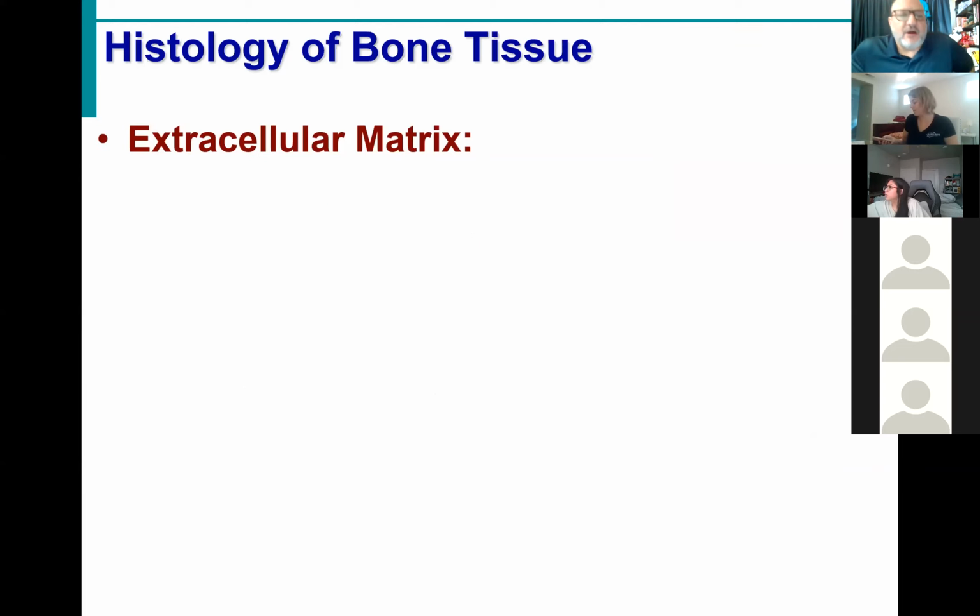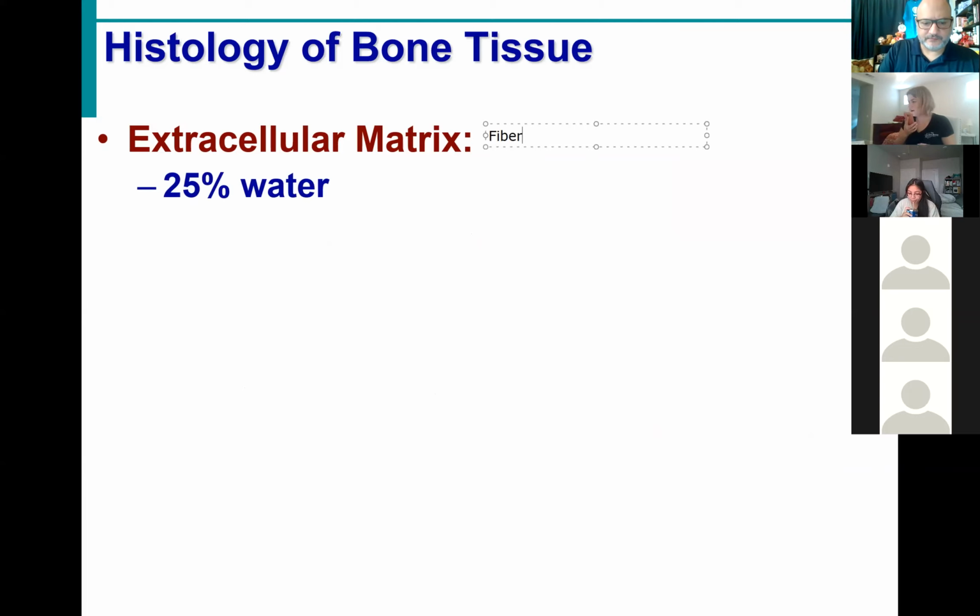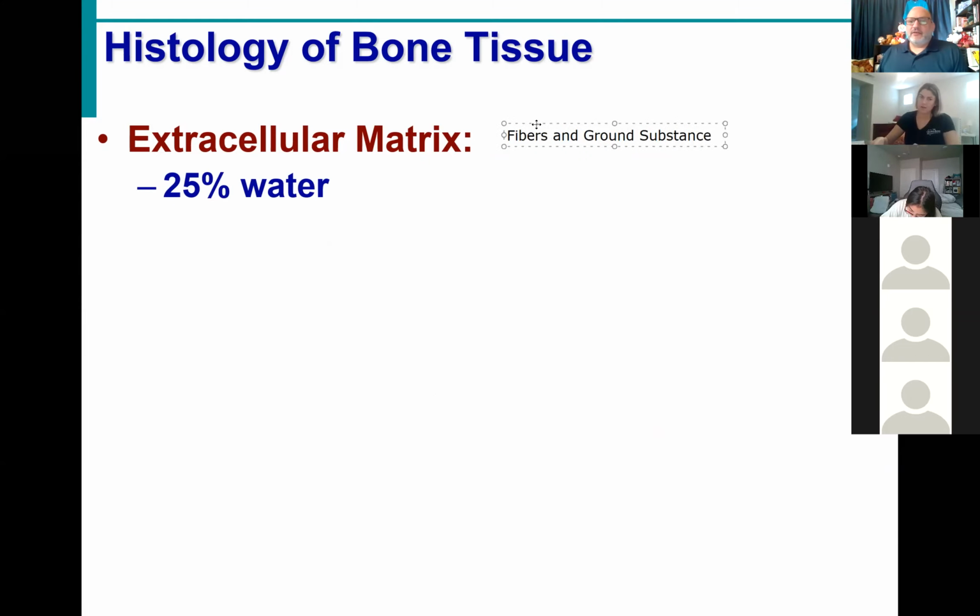So let's talk about our matrix. As we know, matrix is made up of fibers and ground substance. And ground substance is mostly water. Again, I know when you hold that skull in your hand, I don't have a real skull or even a pretend skull, I just have a little tiny crystal skull, right?